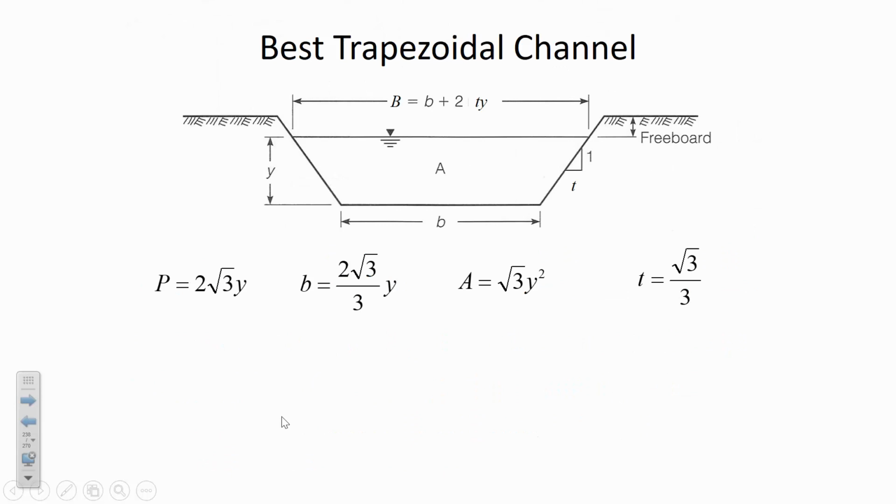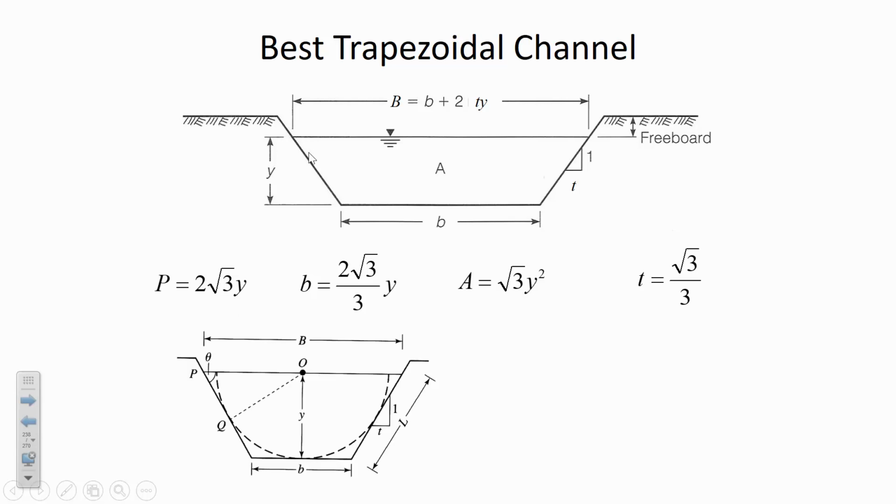And if it's a trapezoidal channel, then the best, most efficient geometry is one that approximates the shape of a quarter circle. And so the wetted perimeter would be as a function of the depth. It would be 2 times the square root of 3 times the depth. The bottom width you could find also as a function of the depth, the cross-sectional area, and so on.